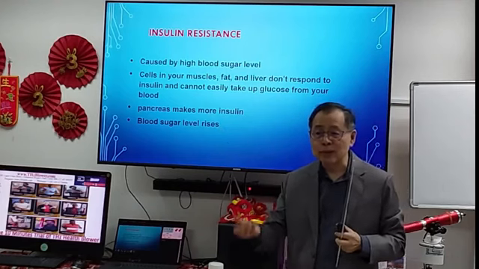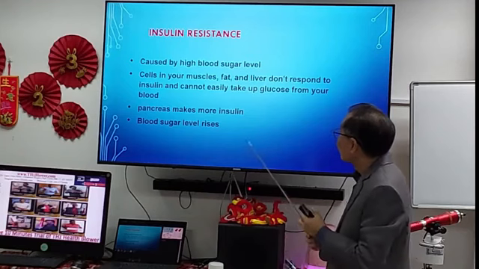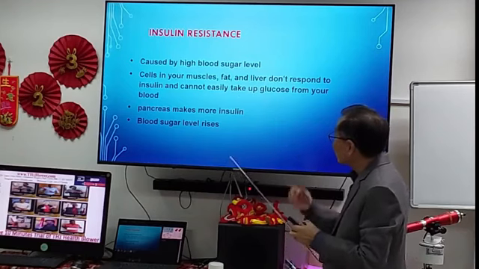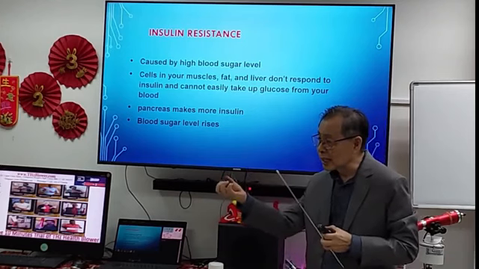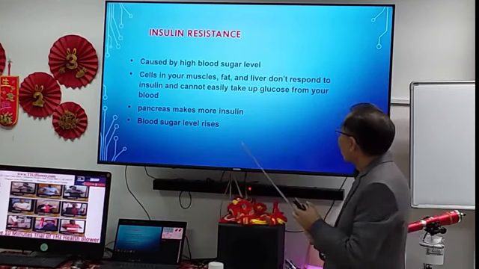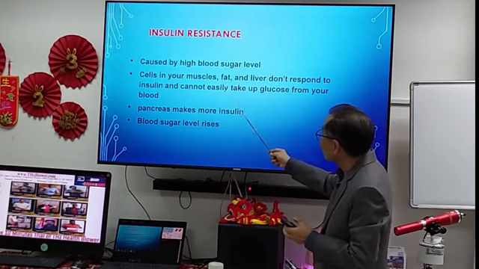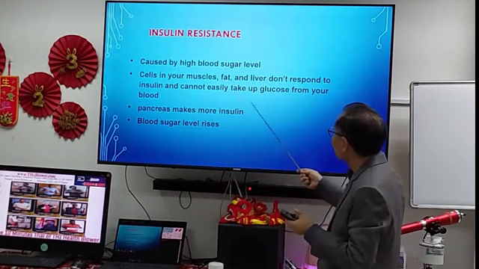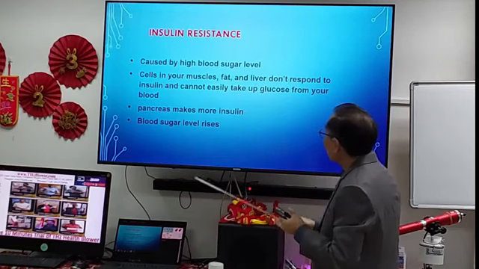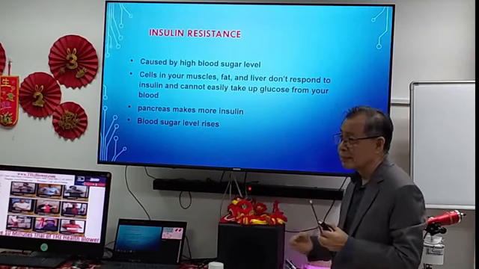That means they don't respond to insulin anymore. Insulin causes your muscle and all the cells in your body to take up glucose. If the glucose doesn't get into the muscles and cells where it can be used, it goes to the liver or to the fat cells where it is converted to fat.